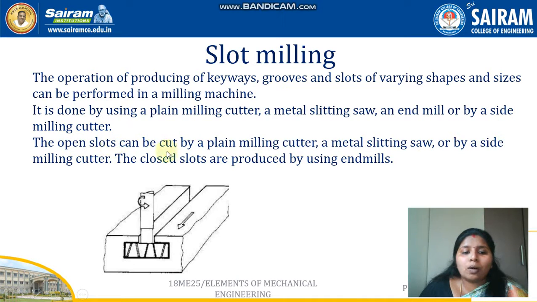Open slots can be cut by a plain milling cutter, a metal slitting saw or a side milling cutter. Closed slots are produced by using end mills. Here you can see a cutter which produced a T-way, which is called a T slot. So a T slot is produced in the workpiece.